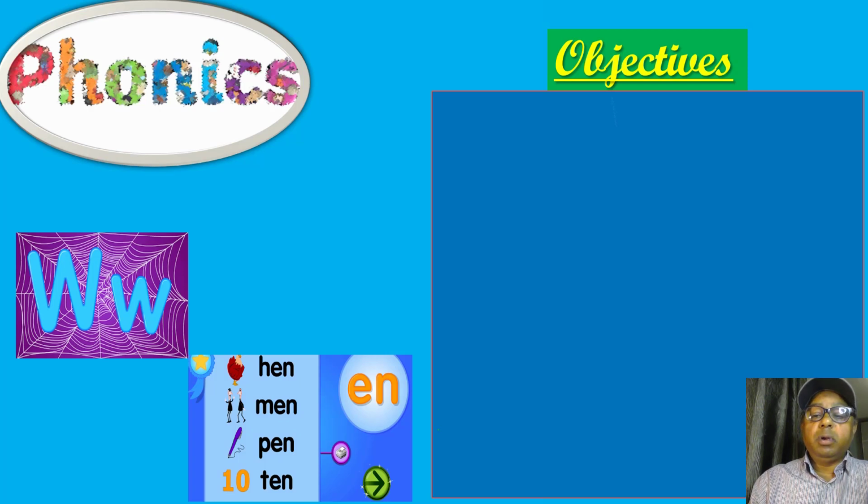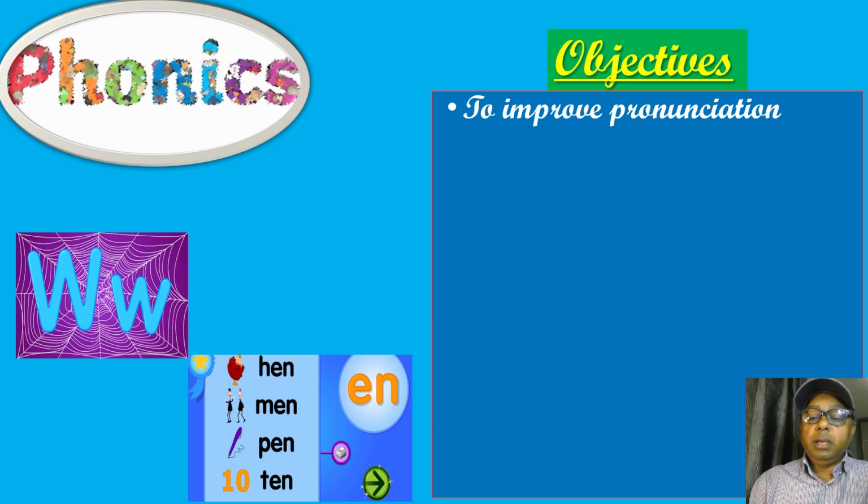The first one on my list is to improve pronunciation, which is absolutely vital in English language learning. The next one is to improve spelling, because we all know that spelling and pronunciation do not synchronize, leaving the language non-phonetical.